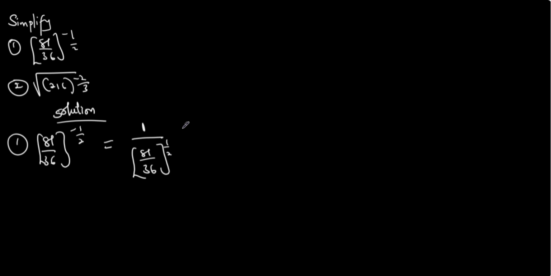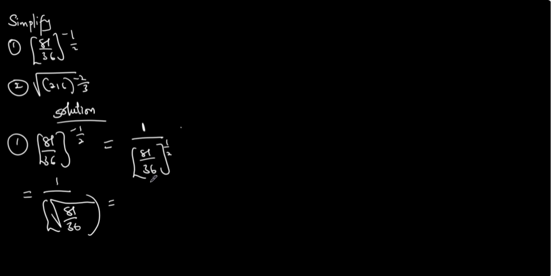Now, according to fractional index law, the denominator becomes the root. So we have 1 over the square root of 81 over 36. Now, raised to power 1 remains the same.